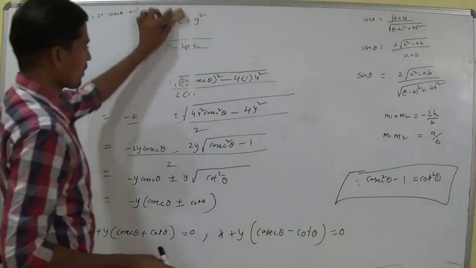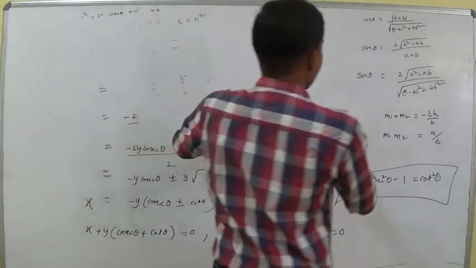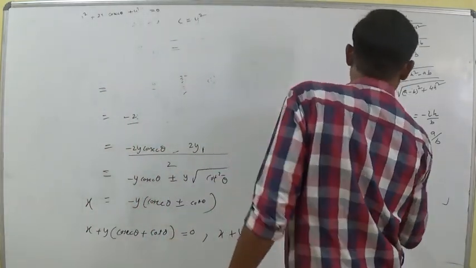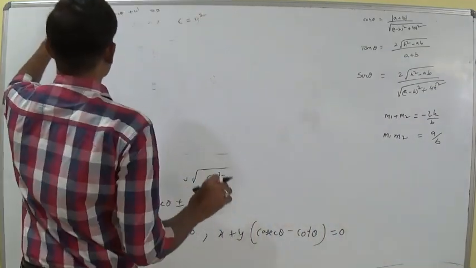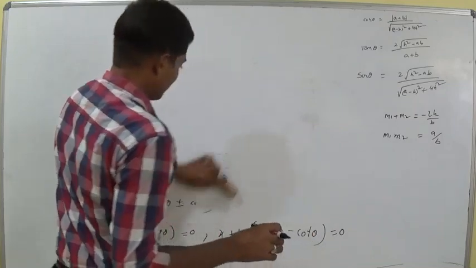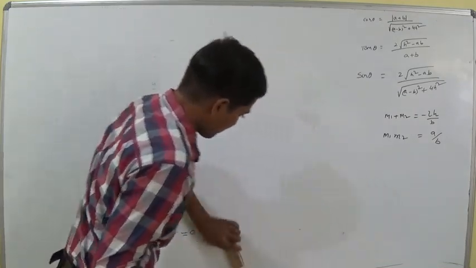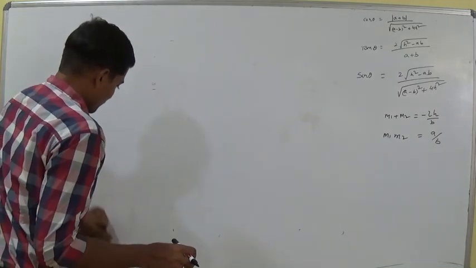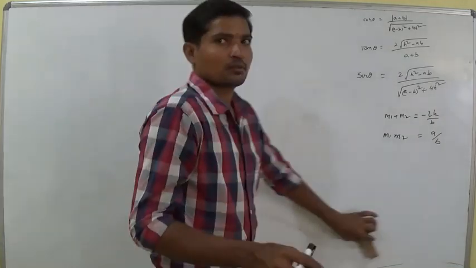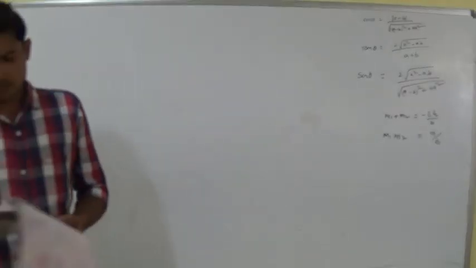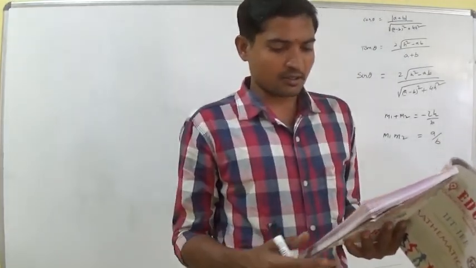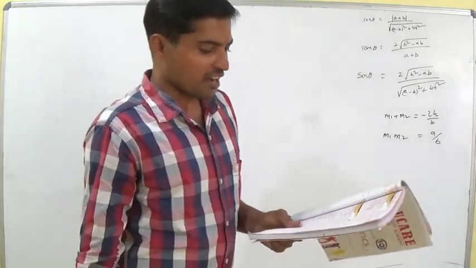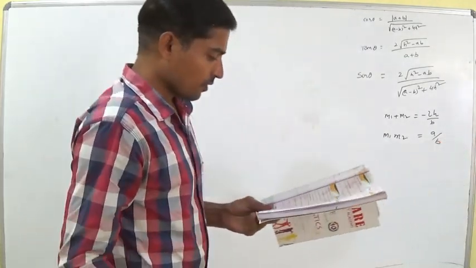Now next. So next problem: theta is the angle between the pair of lines, then tan theta, cos theta, sin theta.